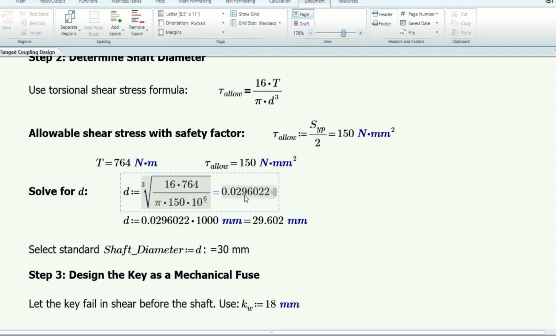So I got the value of 0.029. Now the diameter is in meter, so I am going to convert this into mm by multiplying by 1000. So the shaft diameter is 29 mm. We are going to select the standard shaft diameter 30 mm for this design.